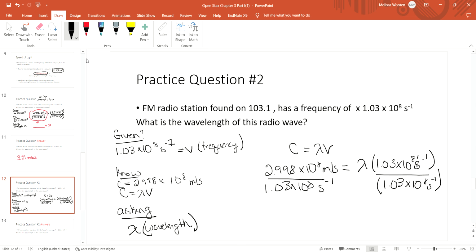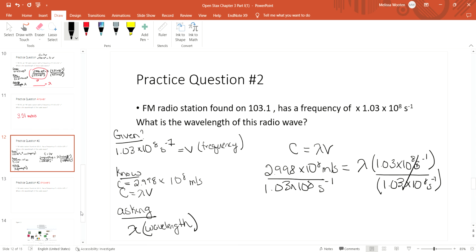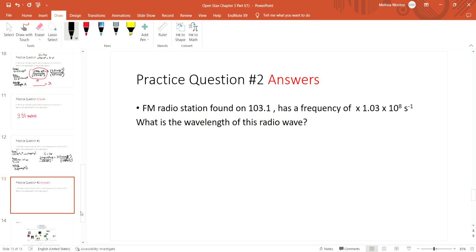So I'm going to type that in my calculator here: 2.998 times 10 to the 8th divided by 1.03 times 10 to the 8th. And that's going to get you about 2.91 meters.